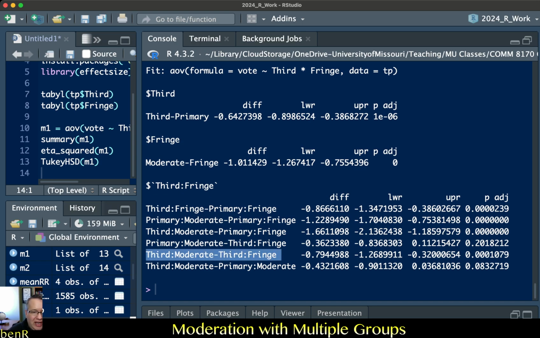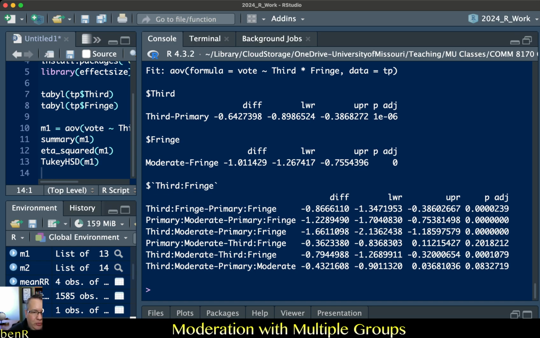For a third party, again, it just confirms you would rather be the fringe challenger than the moderate challenger, because third moderate compared to third fringe, you get about a 0.8 benefit for being the fringe compared to the moderate, and that is statistically significant.